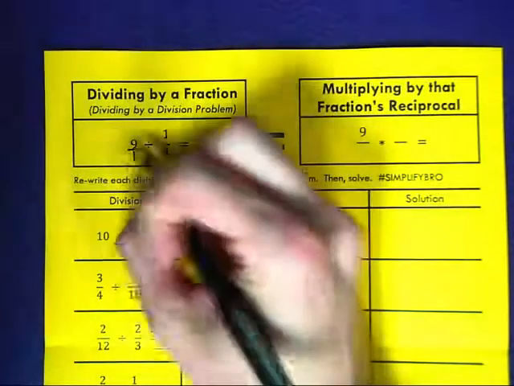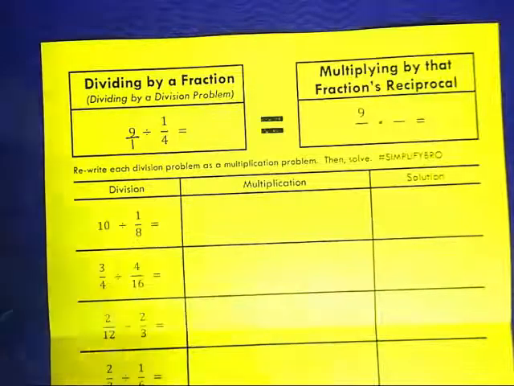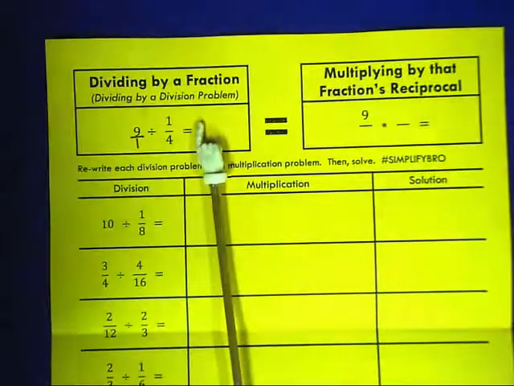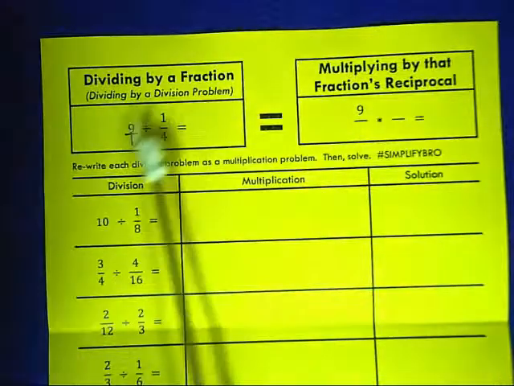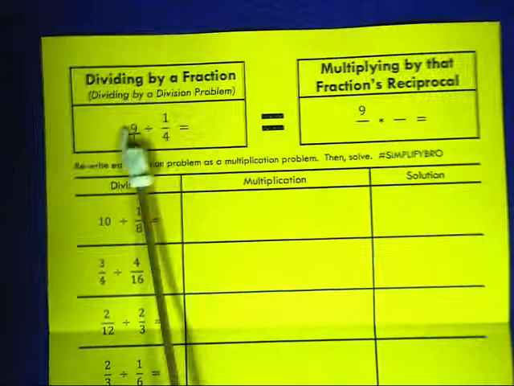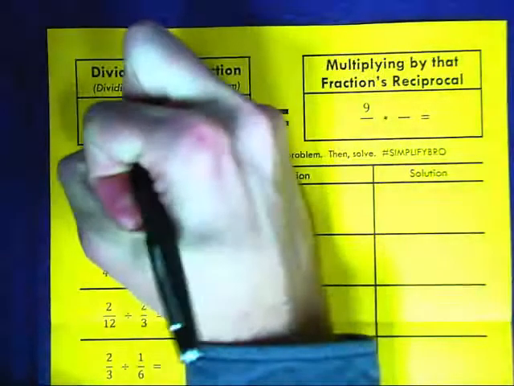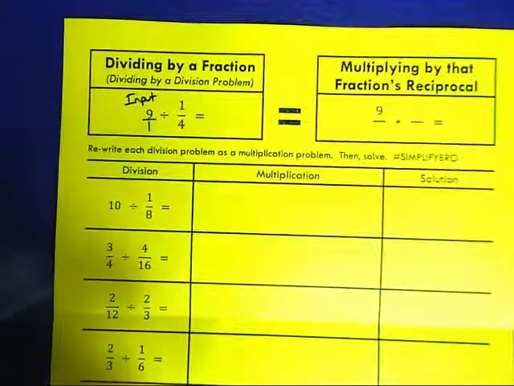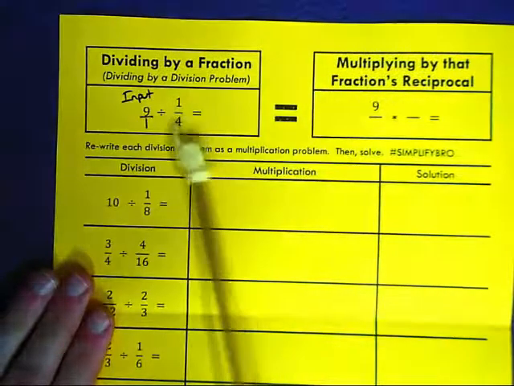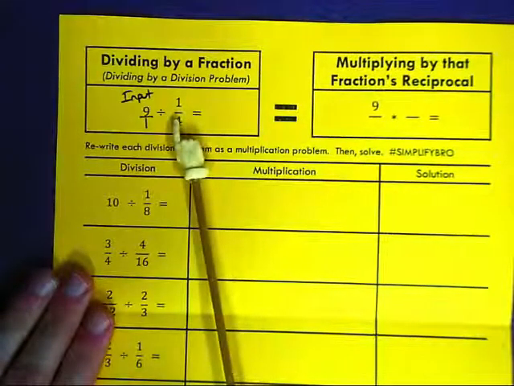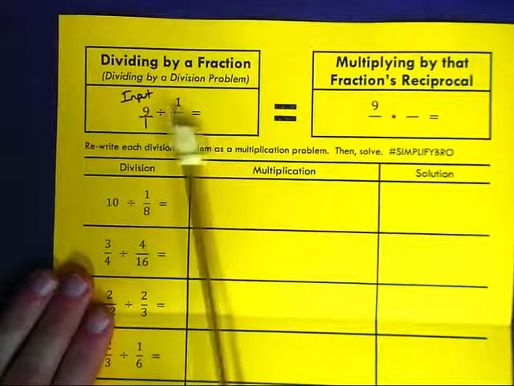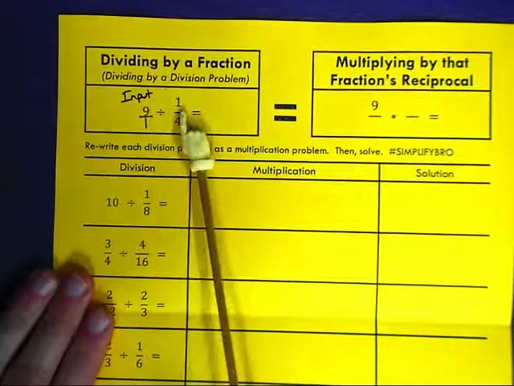Now, when we have 9 wholes and we divide by 1/4, which is little, a lot of 1/4s are going to fit into that 9. So if we start with our input of 9, and cut it up into pieces that are only 1/4 each, we can think: 1/4, 2/4, 3/4, 4/4.